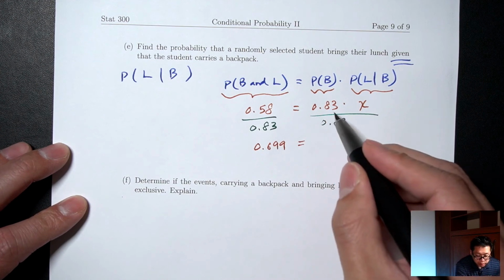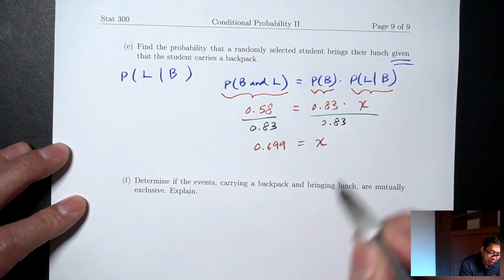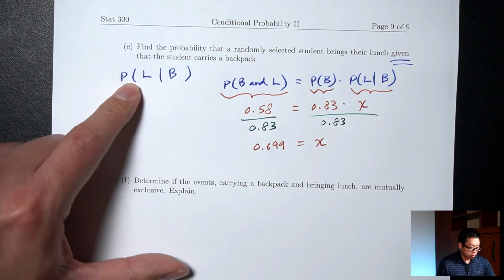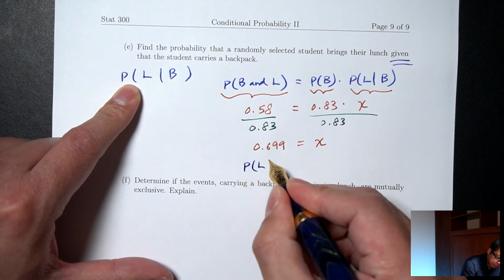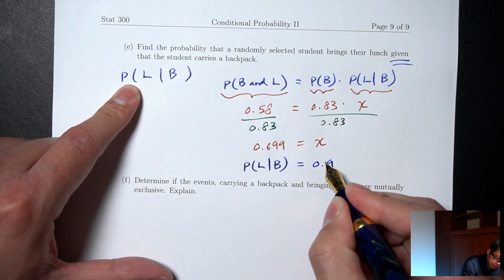That's the left side. On the right side, 0.83 divided by 0.83 cancels out, leaving just an X, which is our answer. This answer was the probability of L given B, 0.699.